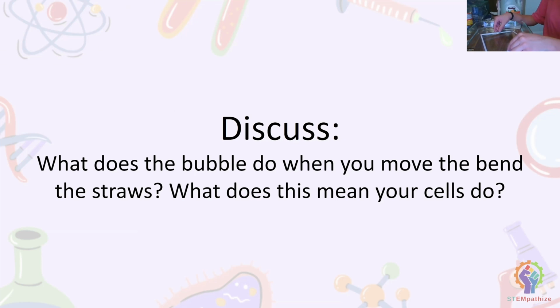So I believe that the bubbles, well, when I saw it, the bubbles stayed intact and it moved along as I moved the straws. So I think that this means that your cells adapt to any kind of changes in their environment in order to keep your cell intact. Because this, as you know, is representing the membrane.